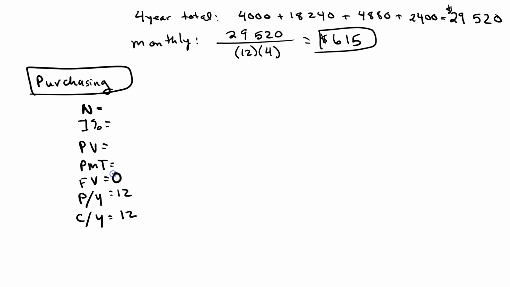The future value of a loan is always hopefully zero, and the present value here is going to be $32,800. It's going to be 4.5% interest, and the number of payments is going to be 12 times 4, or 48. So we want to solve for this PMT.